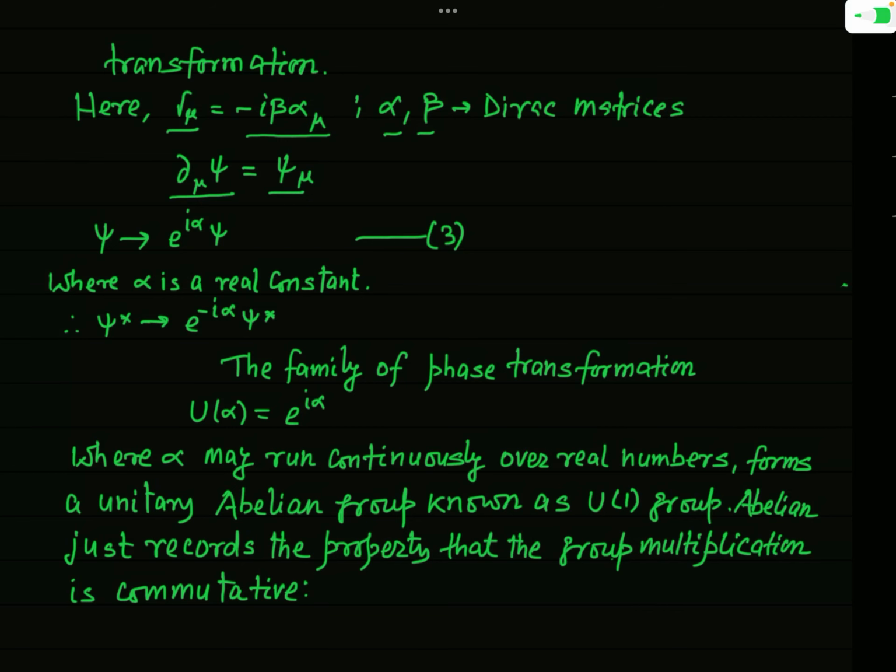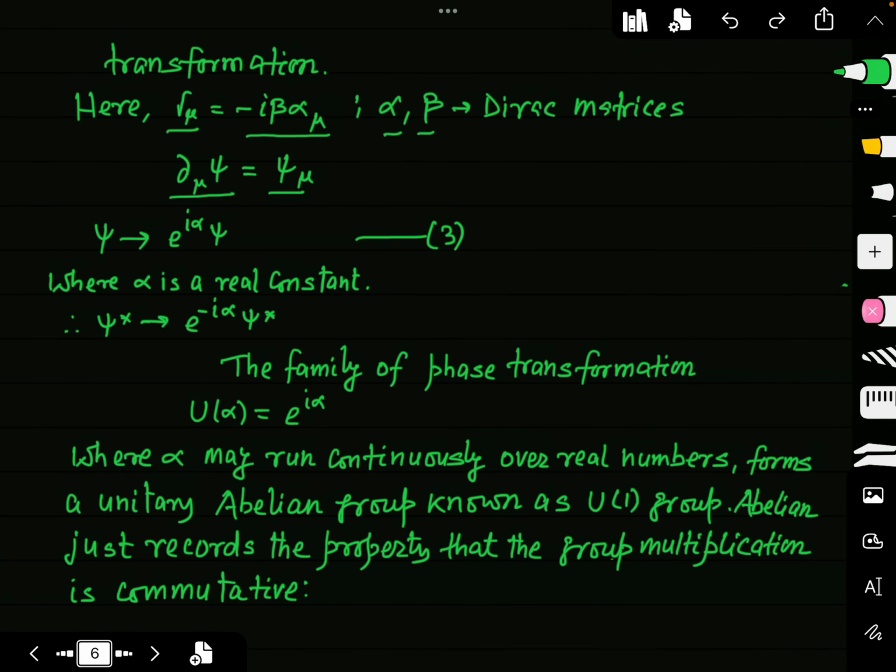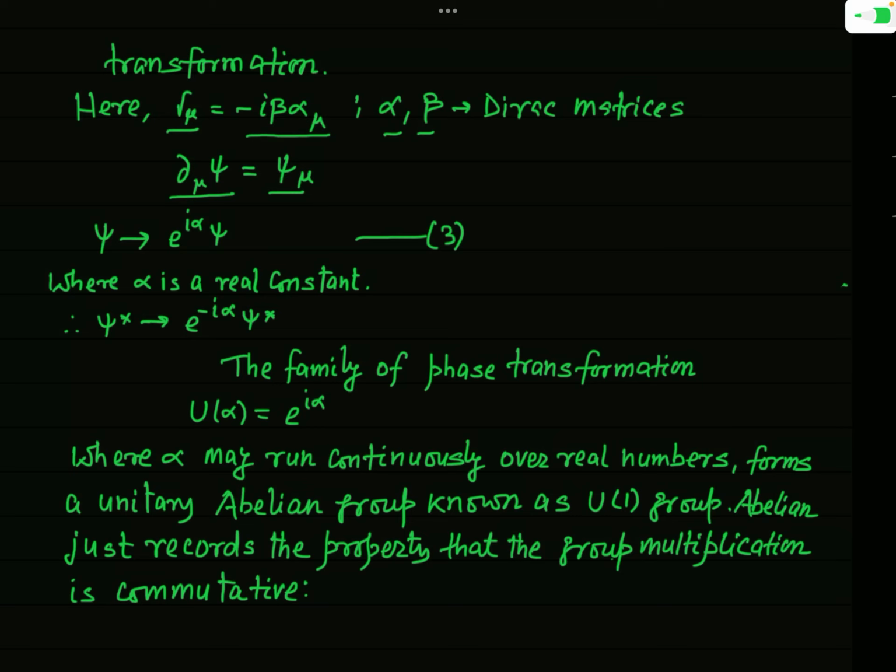Now taking this form of Lagrangian, you will see that the Lagrangian defined in this equation 2 is invariant under the phase transformation. When there is a phase transformation, the Lagrangian will not change, and the transformation in phase is defined like this.